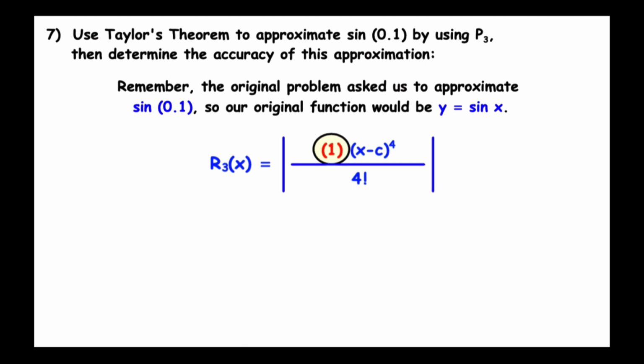And again, people are going to be like, whoa, wait a second. You just said that the z has to be between c and x. I'm like, yeah, Brooke Taylor said that. Well, doesn't z have to be between 0 and 0.1? Yes, it does. But 1 is not between 0 and 0.1. Yeah, I know.